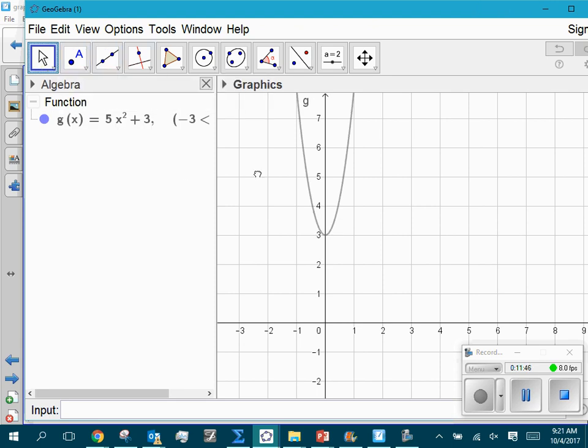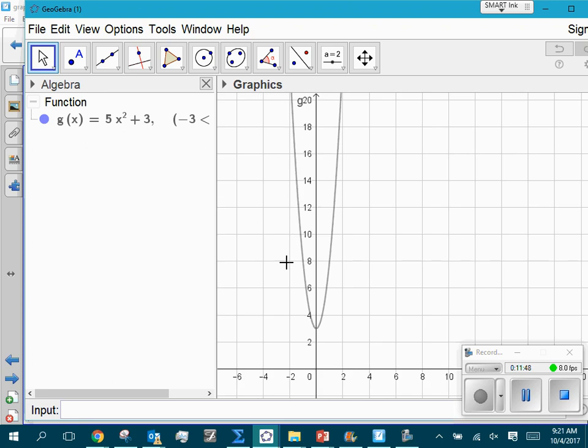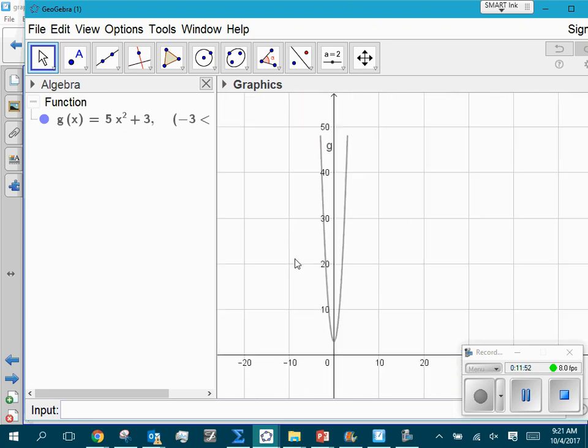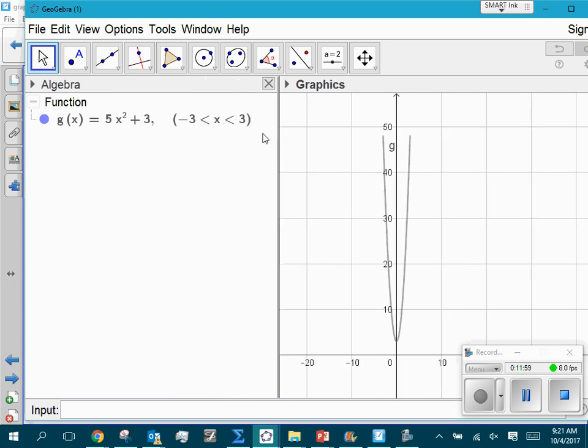The graph that we're looking at is simply, zoom out there, just that graph. And you see how it stops, right? The height that it's stopping at up here is 48. I've restricted the domain, so it restricts the y values and the ordered pairs that I ultimately get back from that.